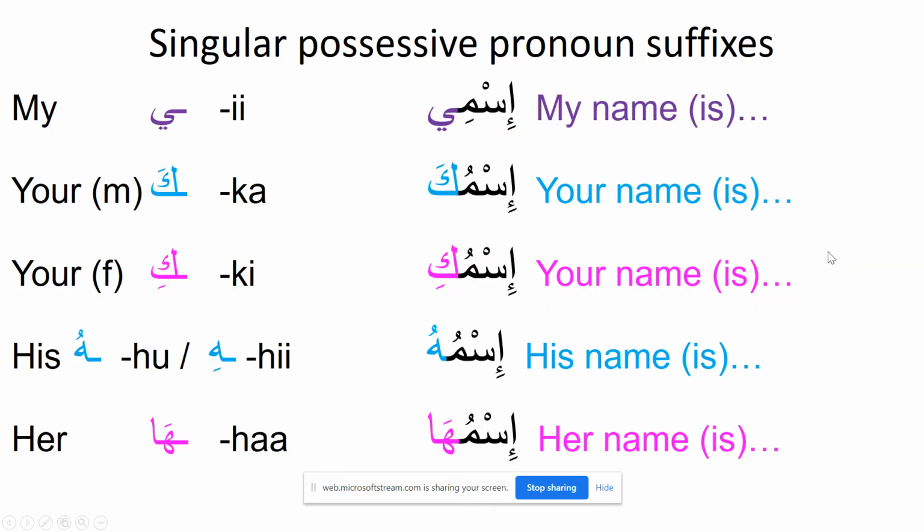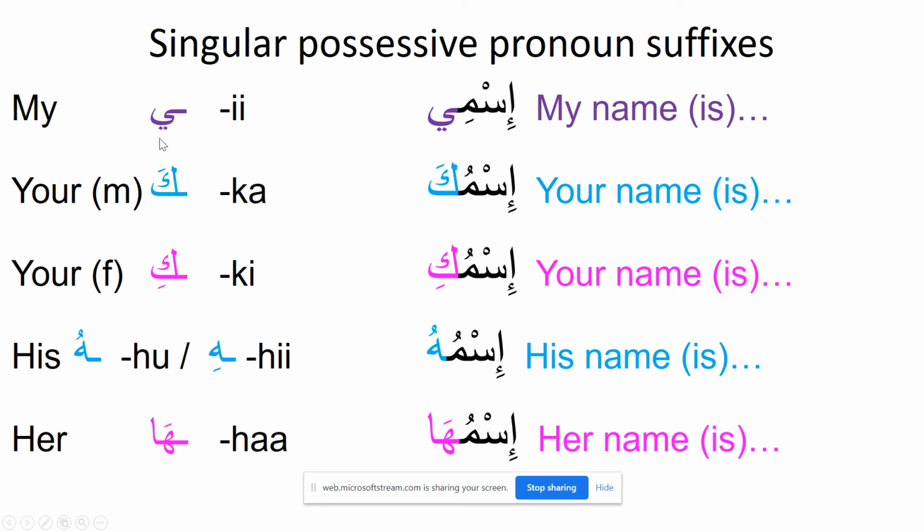Now, going back to our non-standalone pronouns, our possessive pronouns that are endings or suffixes, or our object pronouns that are endings or suffixes to words. Remember, when we add e, that means mine or my. So ismi means my name.